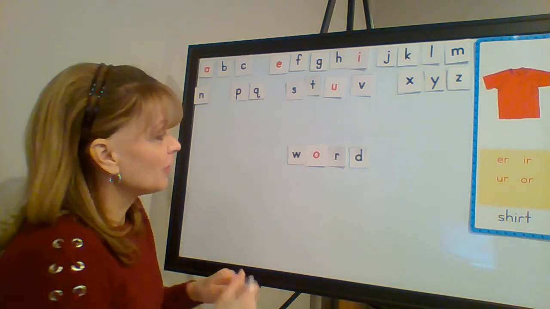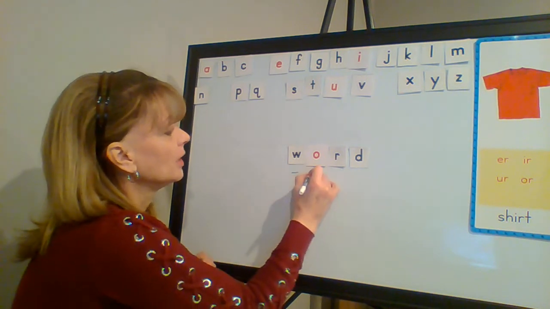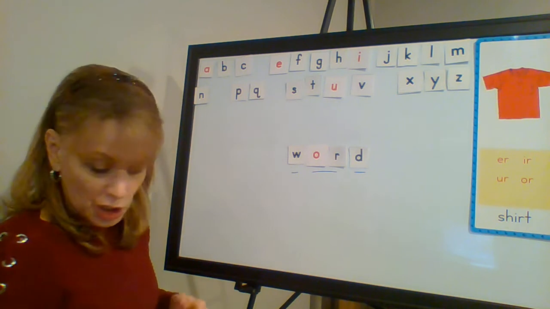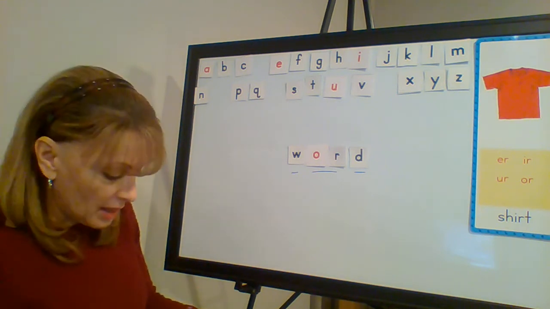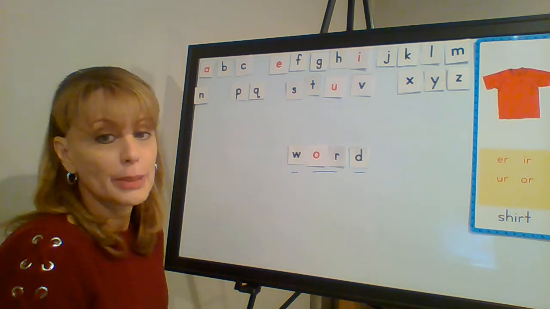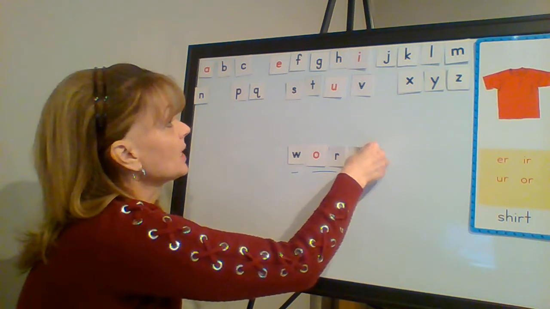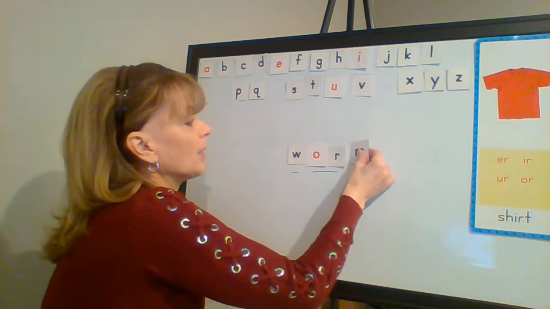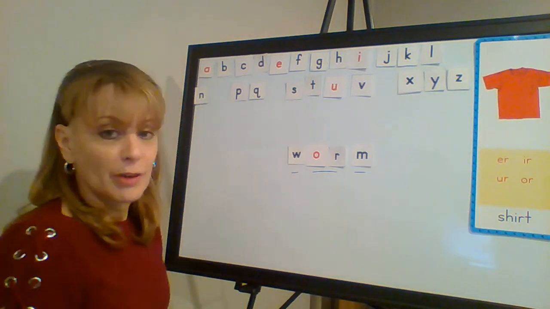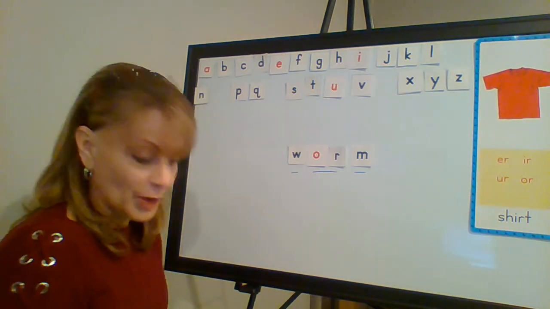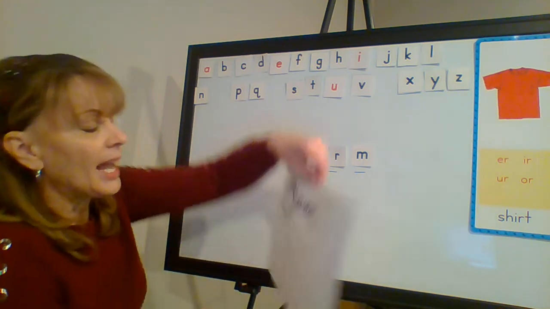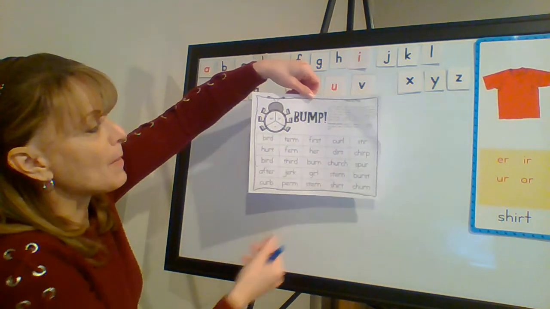So we have 3 phonemes, w-r-d. And you're going to change it to spell the word worm. This was an easy one. Just take the D off and put the M for worm. Worm. Great job.